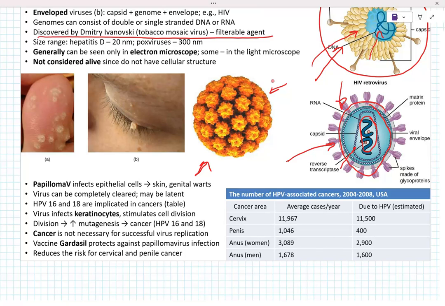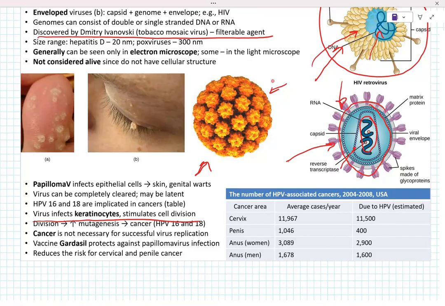When this virus infects that epithelium, it goes into the basal layer. Are you with me so far? The layer in the epithelium that actually divides. Because virus needs cellular division to reproduce. It needs cellular enzymes, stuff like that. So it forces cells to divide. When cells divide, there are more cells.